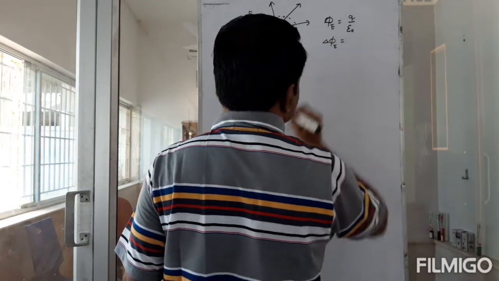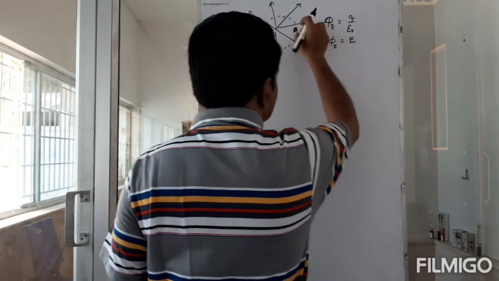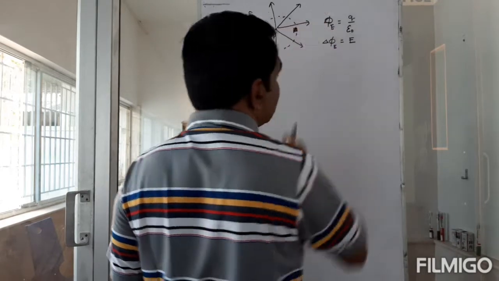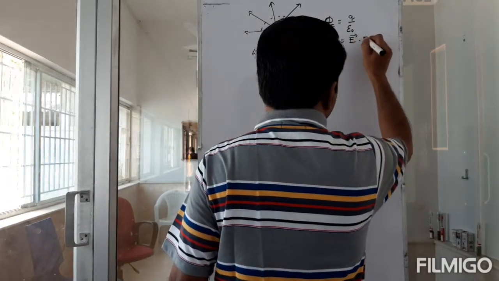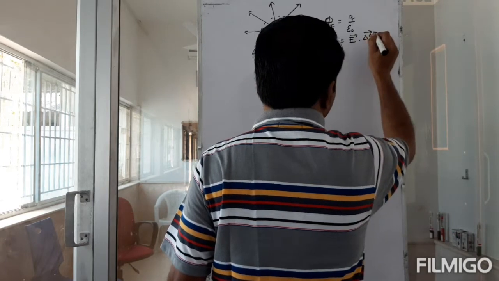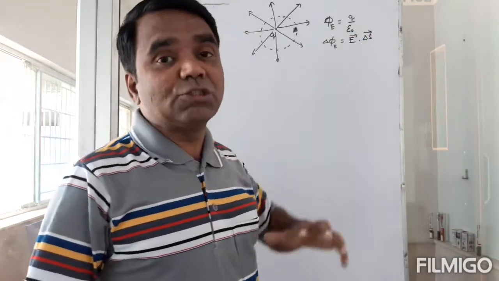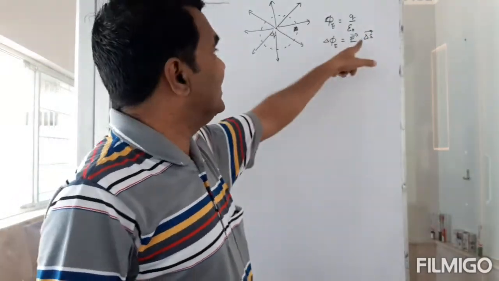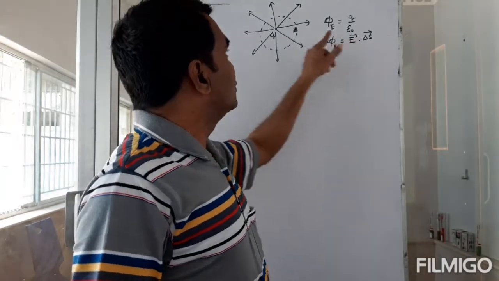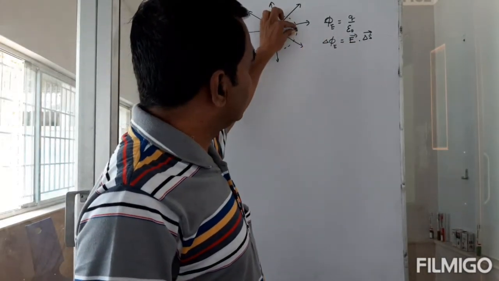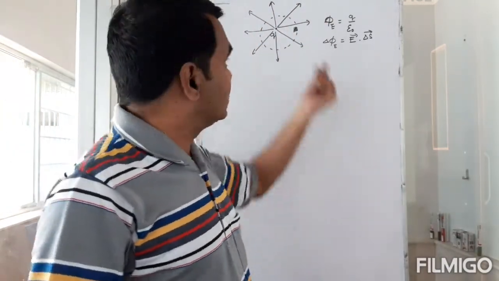It's equal to E, the electric field strength on the surface, dot product with the area vector delta S. So this vector dot product is going to give you a scalar value, E delta S cos theta, and that value will be equal to the amount of flux which is coming out of that small area.